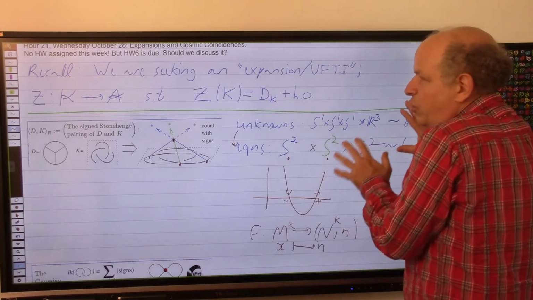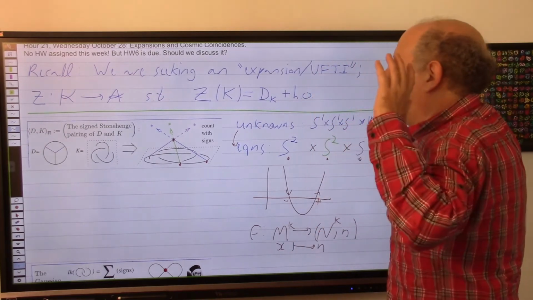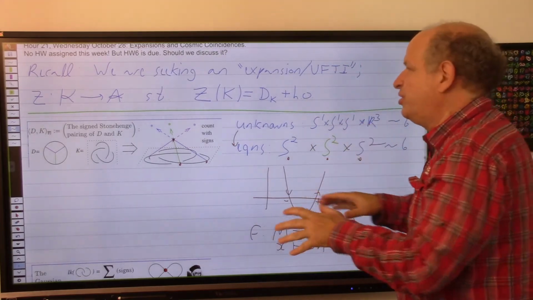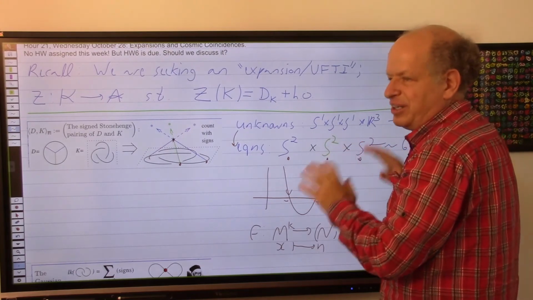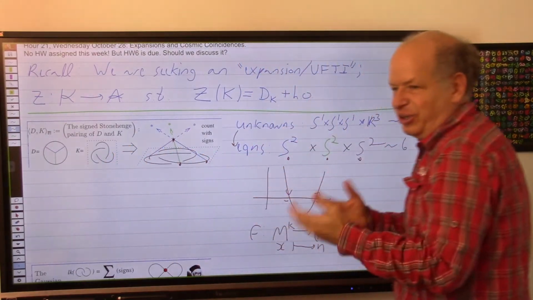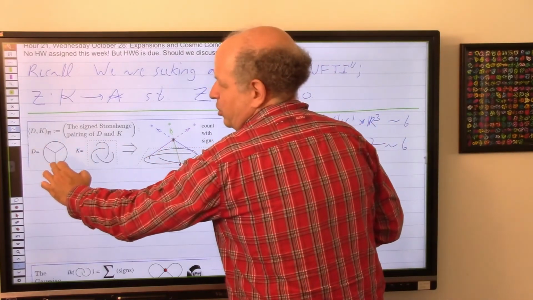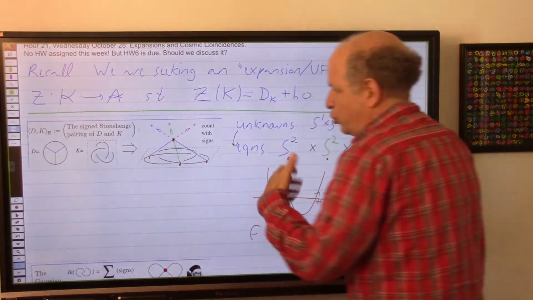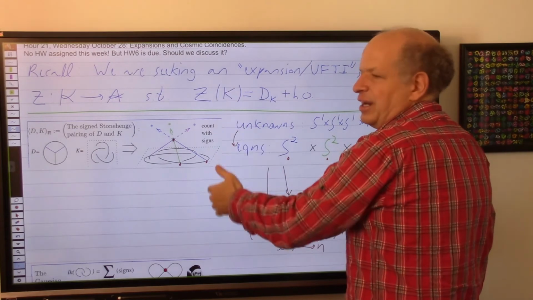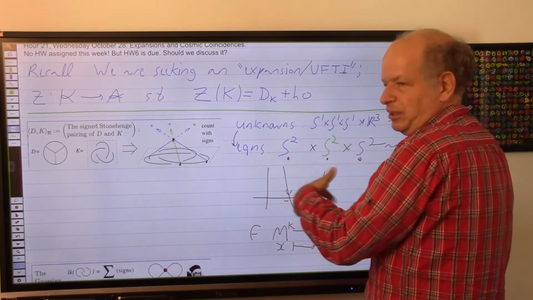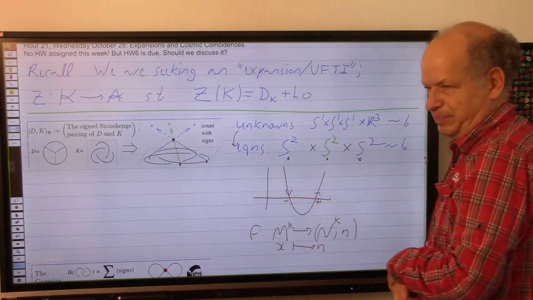Okay? If I wanted to put in all the details, it would take a long time, and I told you I don't want to do it. So I'm just saying that this Stonehenge pairing of this diagram with a knot should be defined, and it's an integer which could be positive or negative because I'm counting with signs.